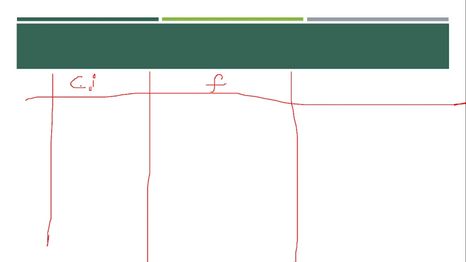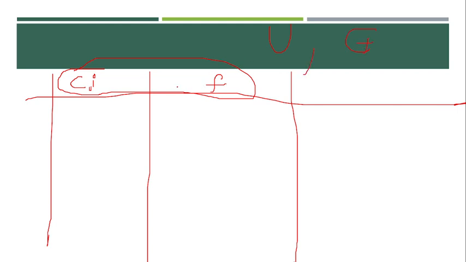So, when we are referring to a simple frequency distribution table, there are two things. What are those two things in terms of frequency distribution table? We have ungrouped and grouped.